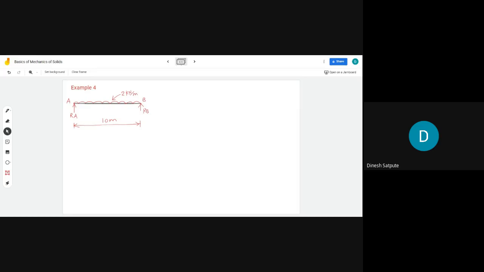We have to first convert this UDL into a point load. I'll tell you how to do that calculation. The two reactions that we have are RA and RB.